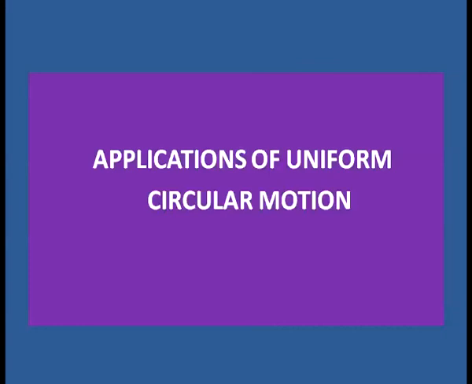Let us discuss the applications of uniform circular motion. From Newton's second law, we can say that as the object in circular motion is accelerating, a net force must be acting on it. Then what is the direction and magnitude of this force? This is what we will learn in this section.